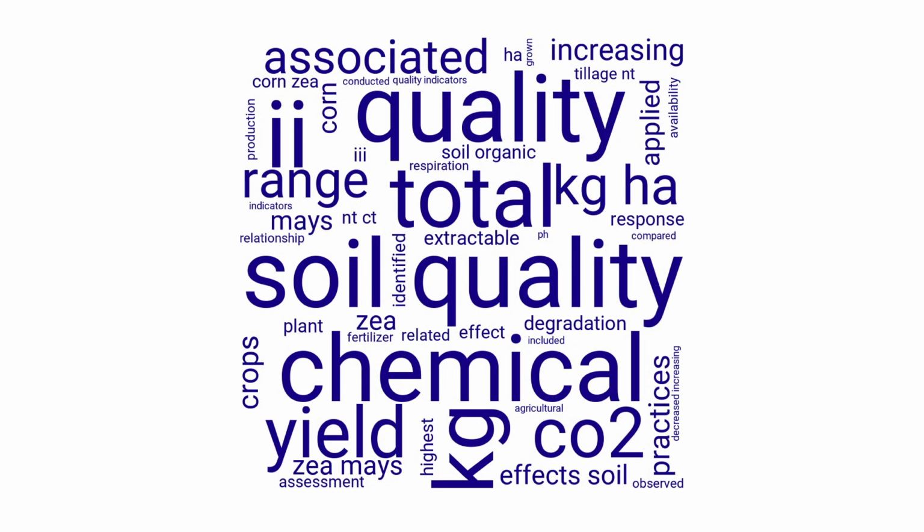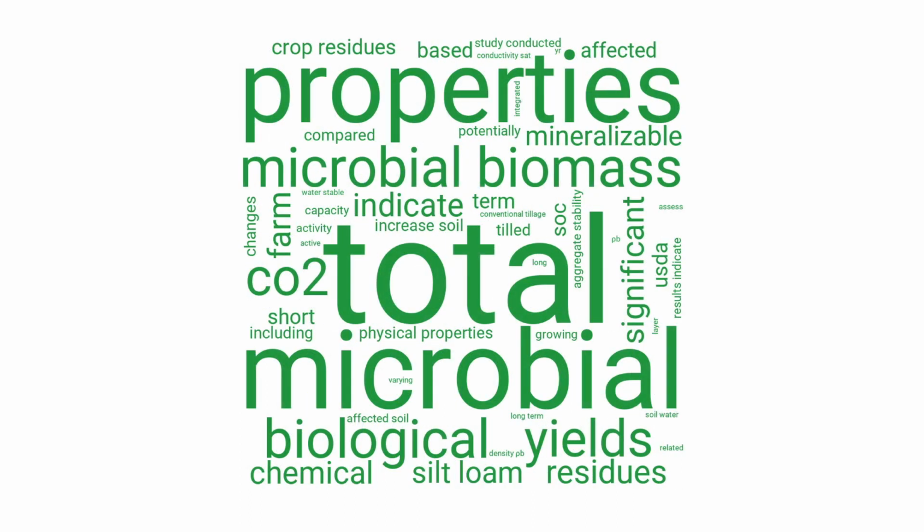And then this is the chemical indicators. So you can see CO2. Corn is in all of these because corn is really important, I guess. And then similarly for the biological indicators. So microbial biomass, for example, is super important there. Still, carbon dioxide is important, of course.